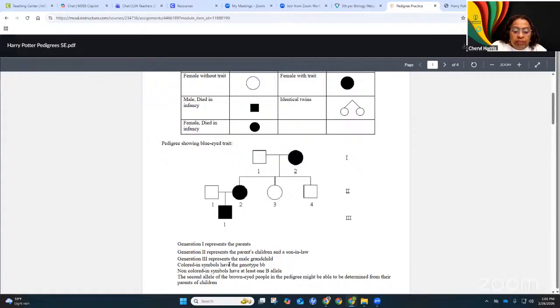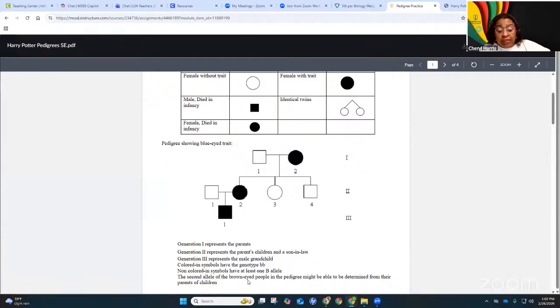The colored-in symbols have a genotype of little b, little b, because blue eyes is recessive. Brown eyes is dominant. The non-colored symbols have at least 1 capital B, but they probably have a recessive b as well, like she was saying in the video, because the only way that the children can pick up that gene is if they got it from their parents.